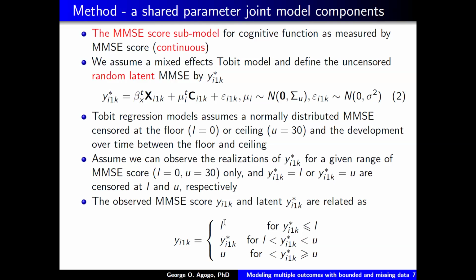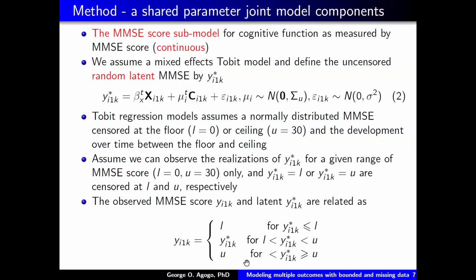The minimum value, denoted by L here, refers to all MMSE score values that are less than or equal to the lowest value. What is observed and the latent coincide for values between the floor and the ceiling: any value greater than 0 and less than 30, we assume is the same as the latent MMSE score.